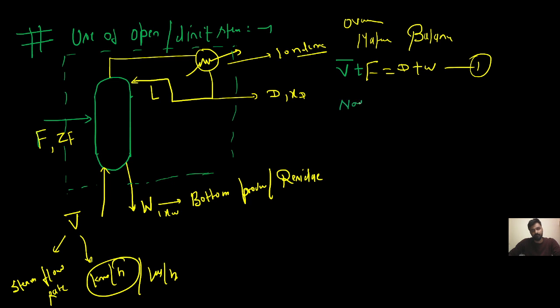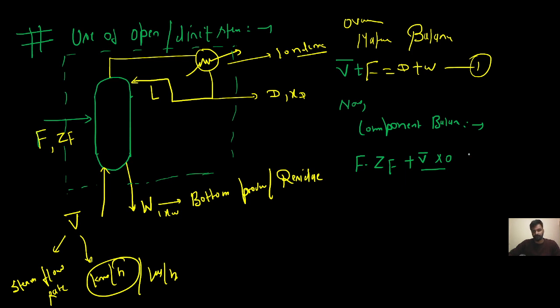Now you can write the component balance. I am assuming the component balance of the more volatile component. So can I write here F into ZF plus V bar into 0, because this is only pure open steam, there is no volatile component present in it.